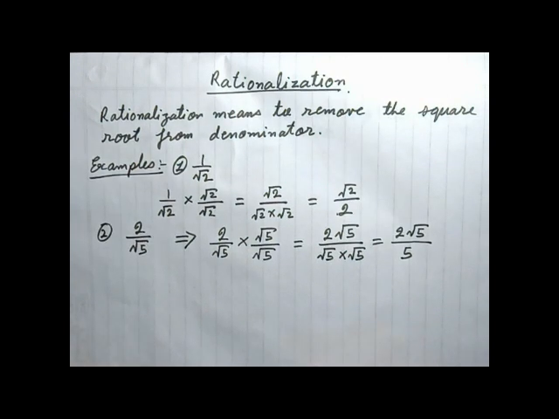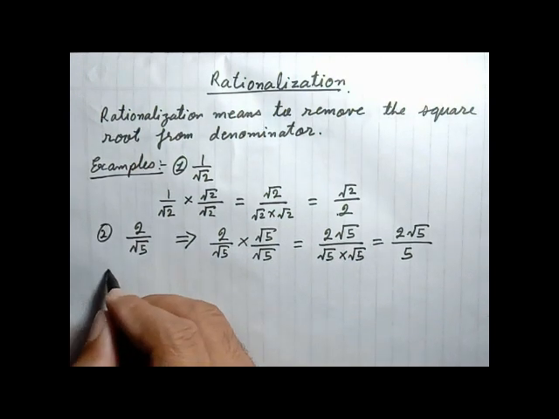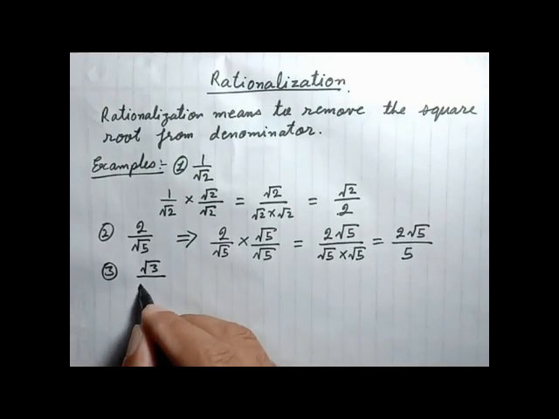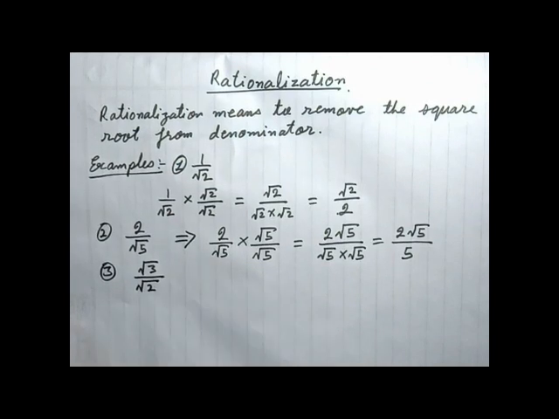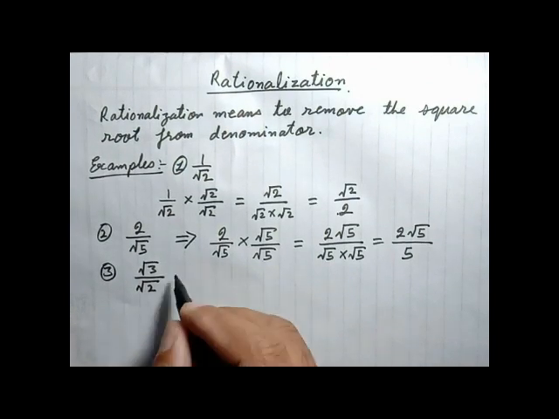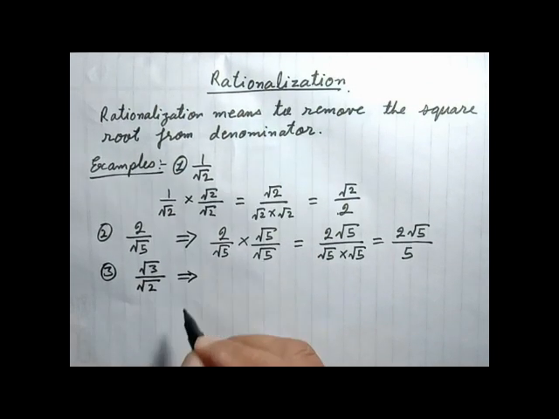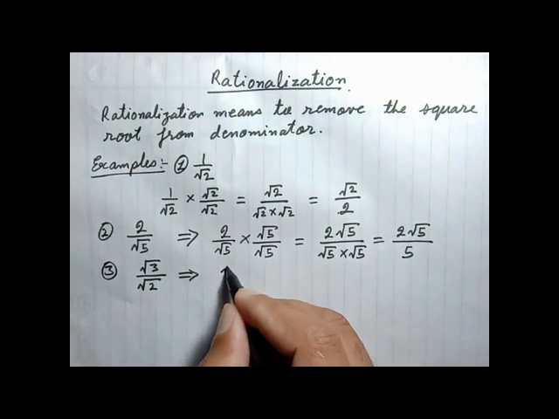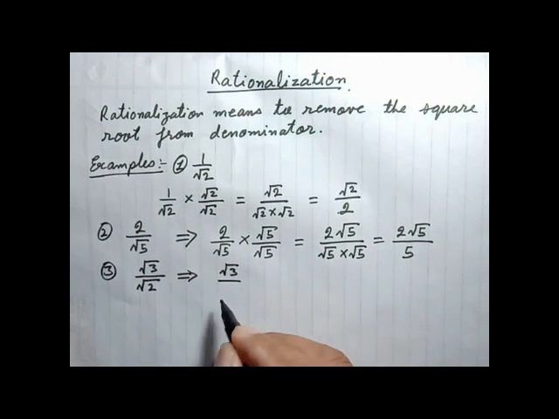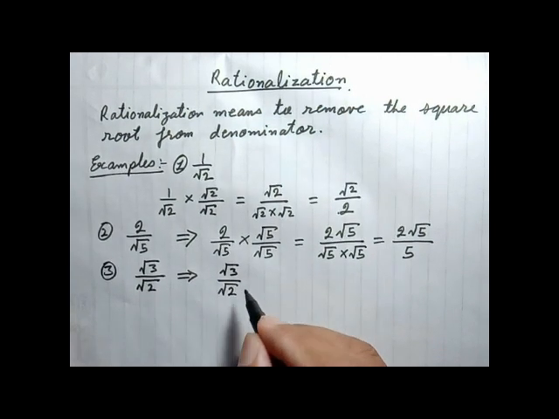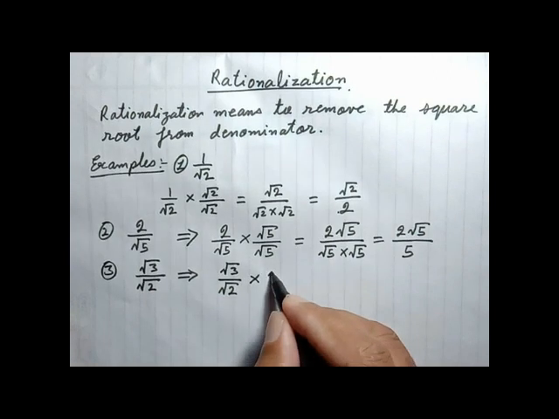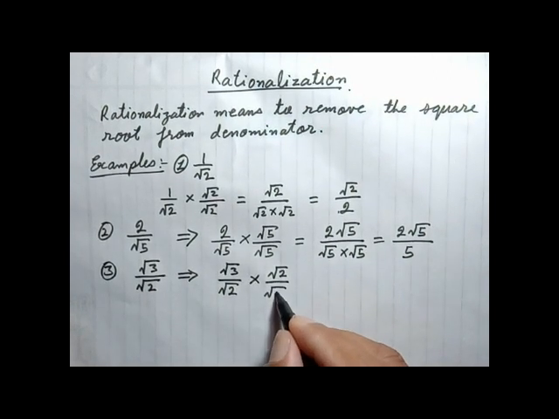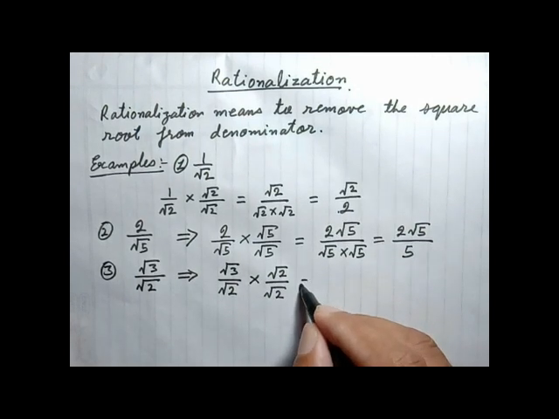Now we will take the third example. Our third example, under root 3 upon under root 2. So now we have to rationalize root 3 upon root 2. So how will we do it? We have to simply multiply the numerator and denominator by under root 2. So root 3 upon under root 2 into under root 2 upon under root 2.